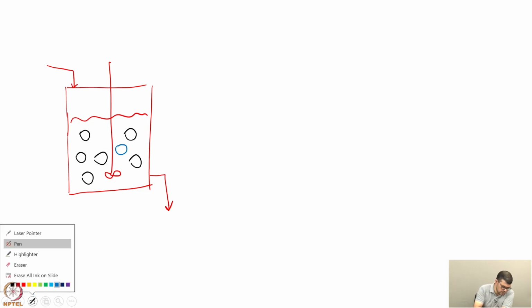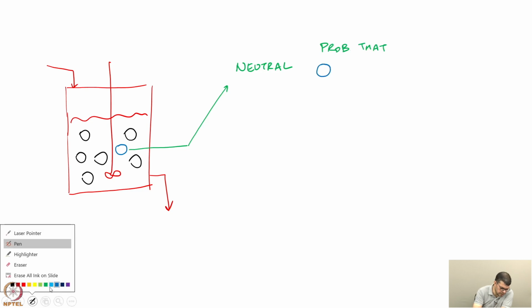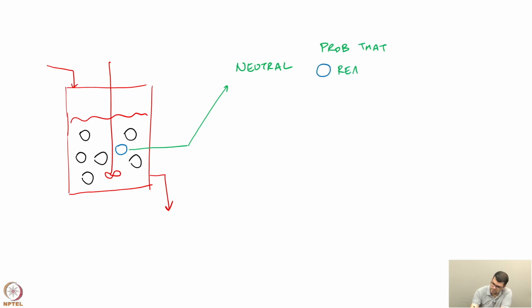And what we've been deriving so far tells us that the fixation probability of this mutant, if this is a neutral variant, is simply equal to 1 upon n, where n is the population size.